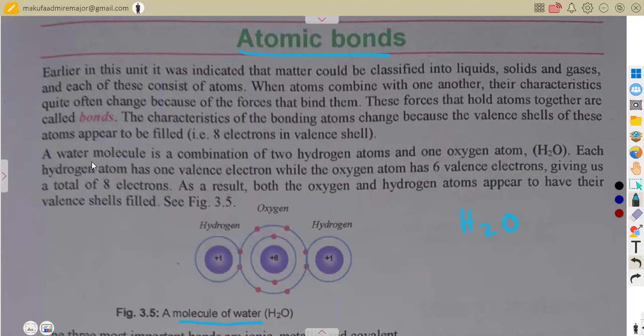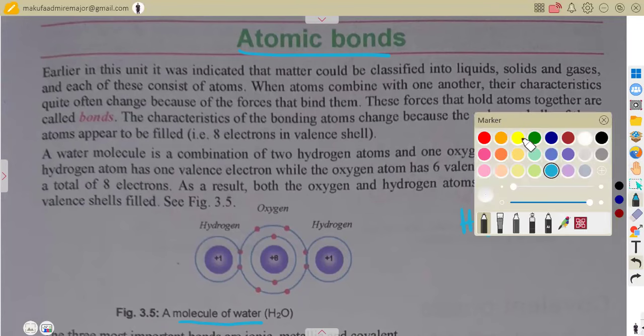Using this water molecule as an example, we can talk of ionic bonds, metallic bonds, and covalent bonds. There are different types. All you need is to know what type of bonding is happening between the two.